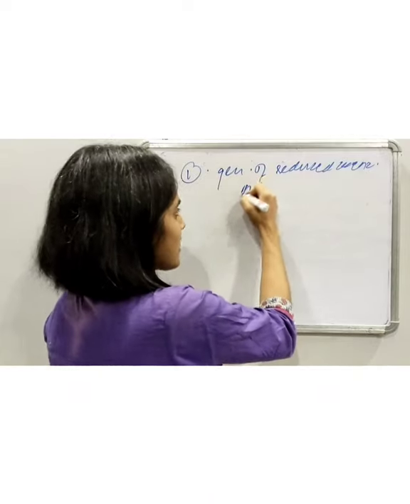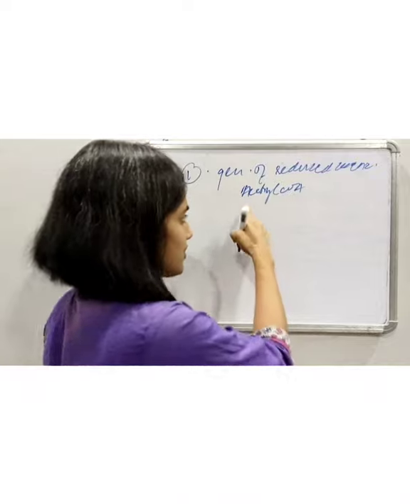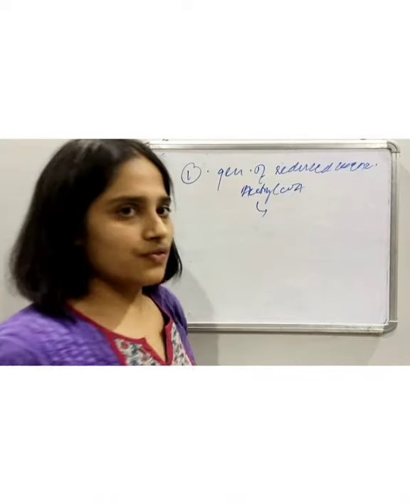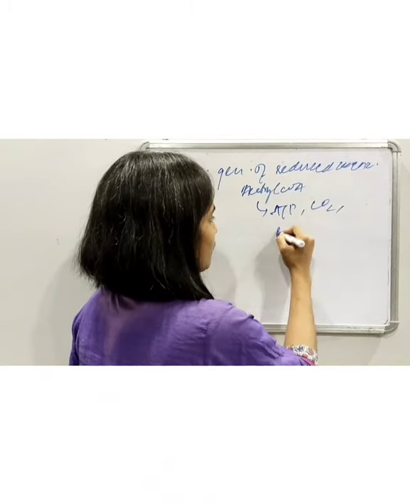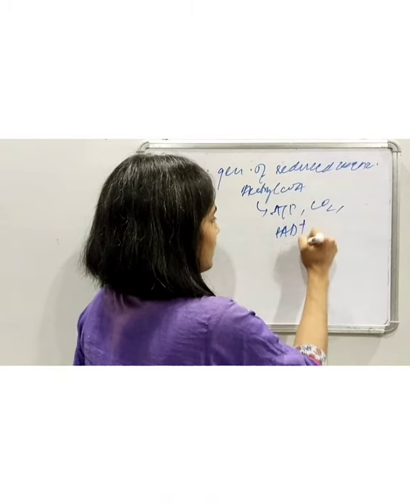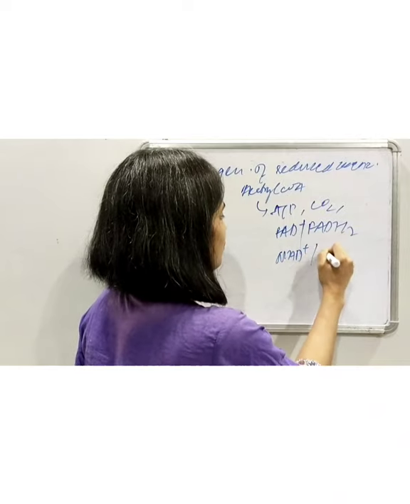So acetyl coenzyme A, which is the starting material for the TCA cycle, is used for generation of ATP, CO2, FAD into FADH2 and NAD plus into NADH.